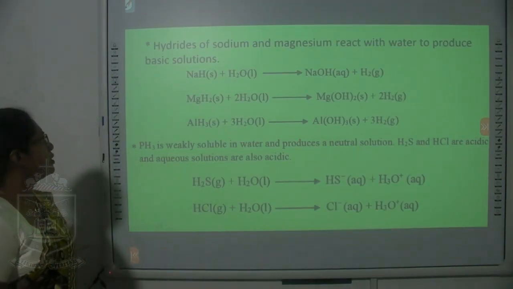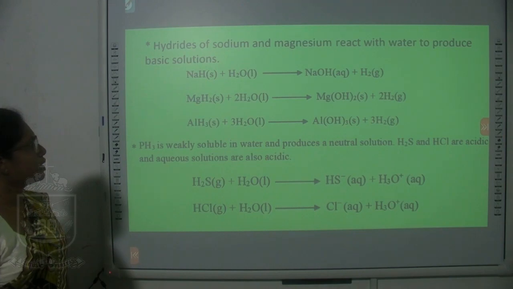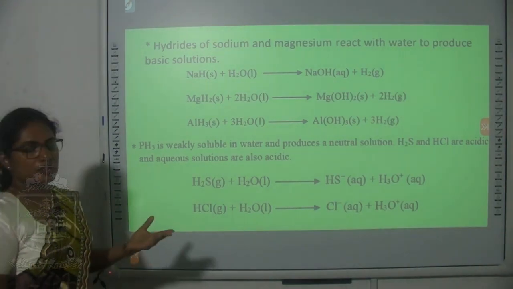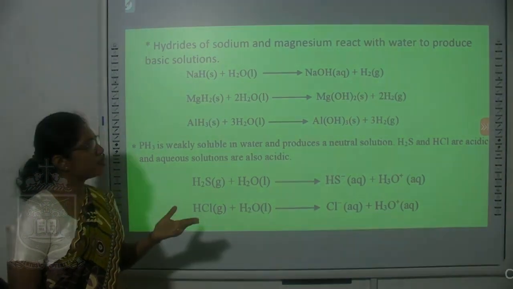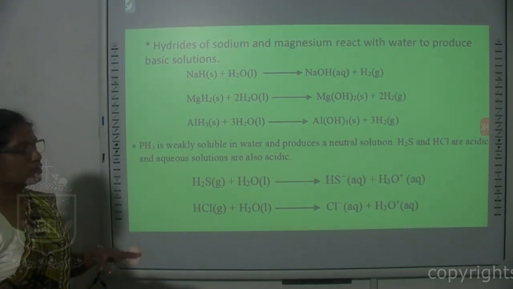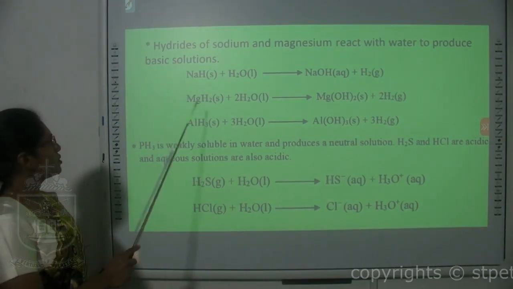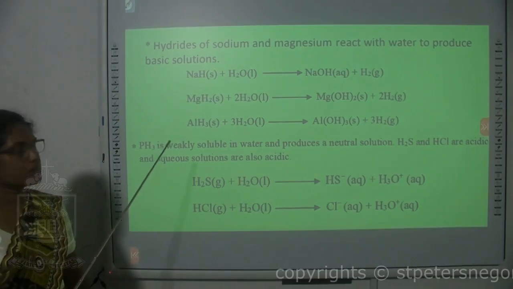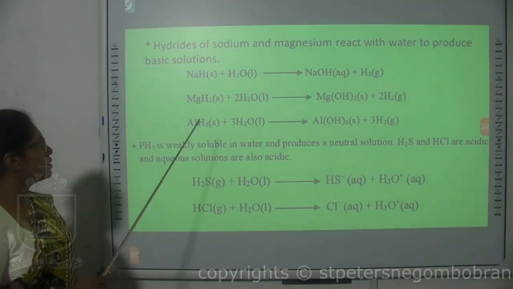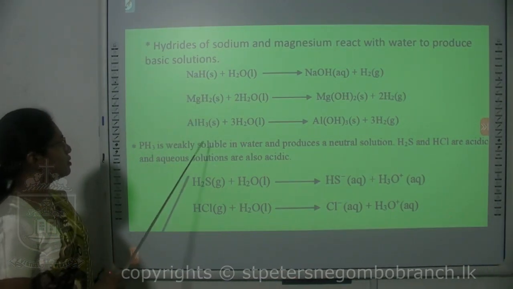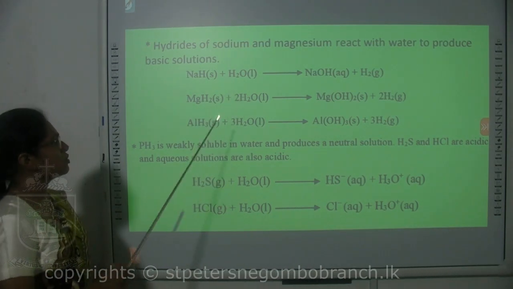Now hydrides of sodium and magnesium react with water to produce solutions. We have to consider how these hydrides react with water.